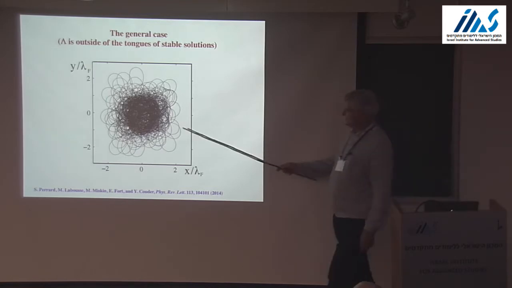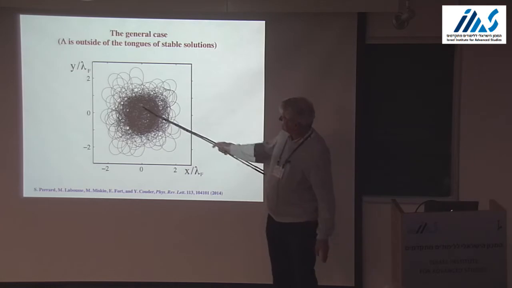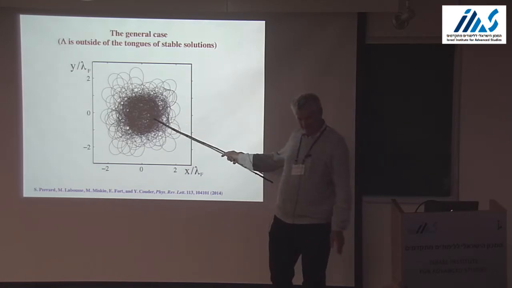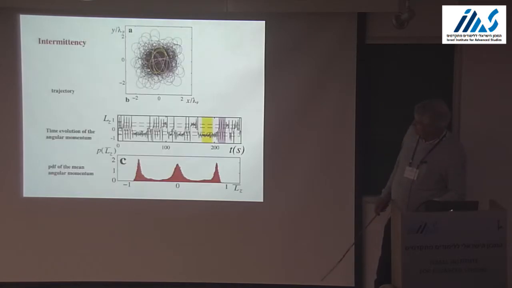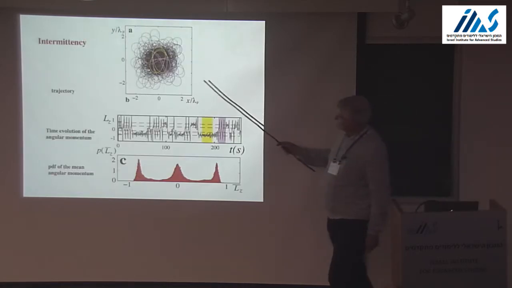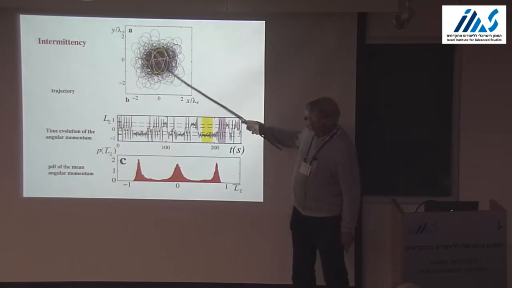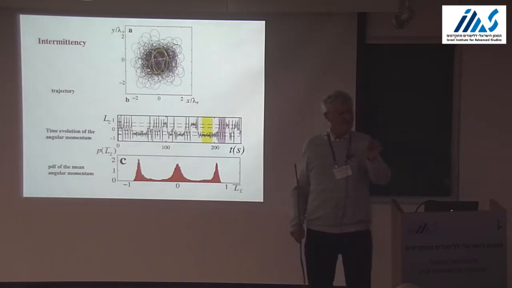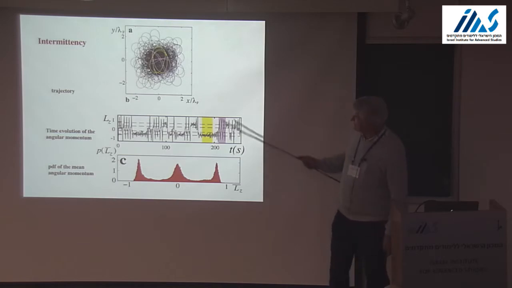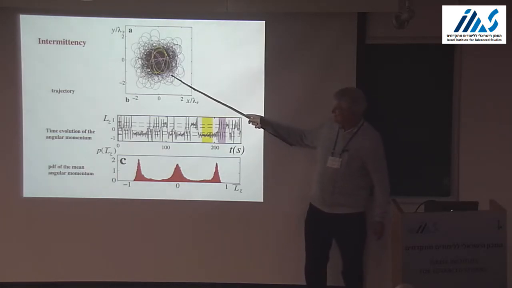So this is the case where you have a Hill-tuned system. The trajectory of the drop is this mess. And you wonder what is the nature of this mess. And in fact, when you look carefully, you realize that during the motion in this mess, the drop sometimes has a motion along one of the special orbits, either the circular orbit or the lemniscate shape.